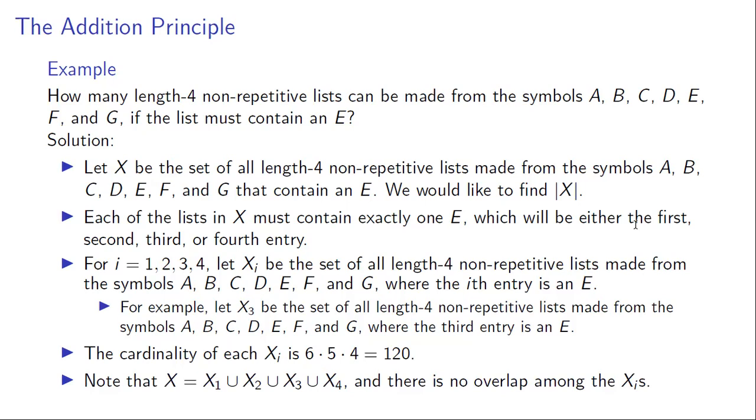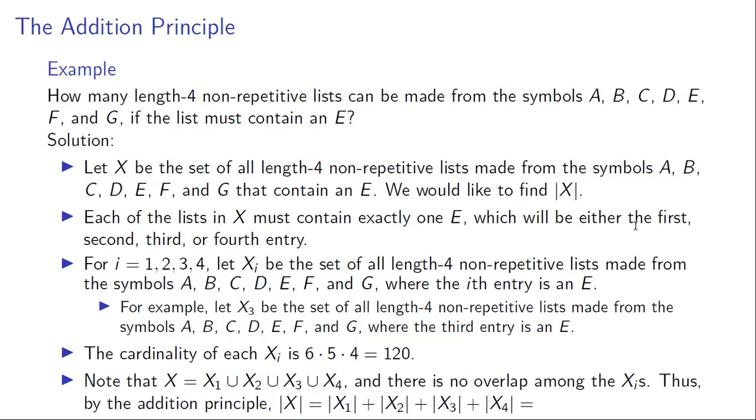The elements of X sub 2 have an E only at position 2. The elements of X sub 3 have an E only at position 3, and the elements of X sub 4 have an E only at position 4. So there cannot be overlap among X sub 1, X sub 2, X sub 3, and X sub 4 because they're all different.